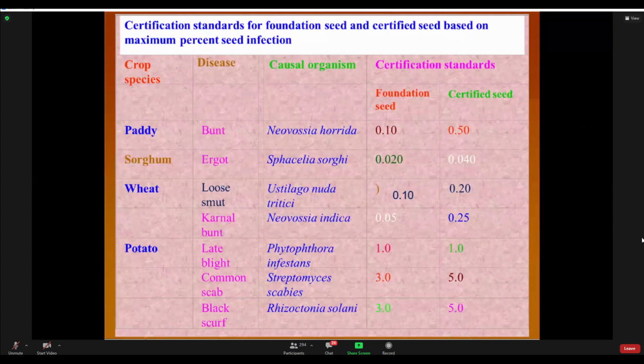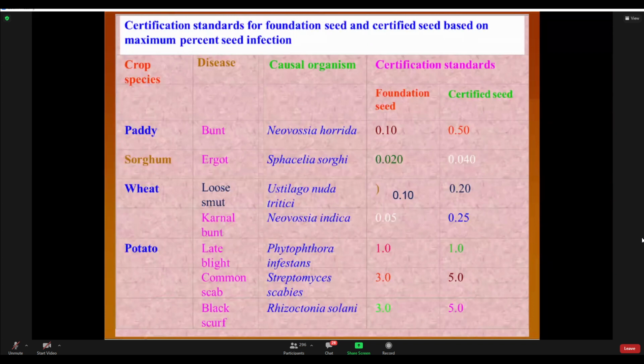Yes, for example, you are testing the health status of foundation seed, okay? And let's say the health status of foundation seed might be 5%. That is, 5% of seeds are infected.